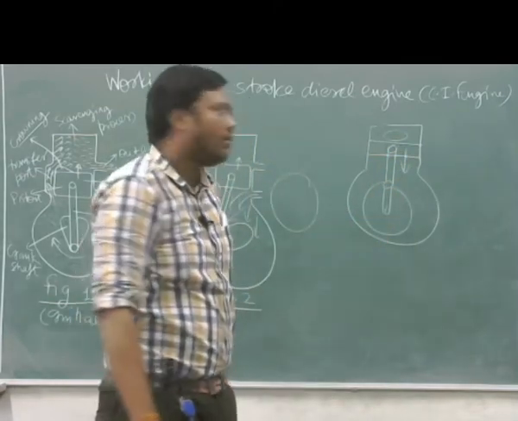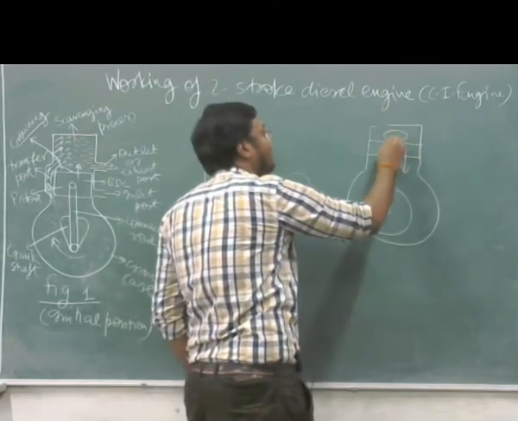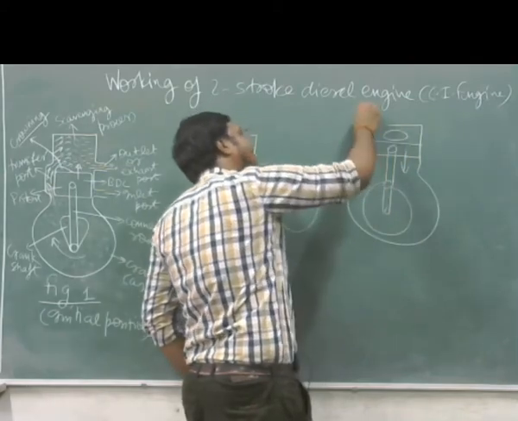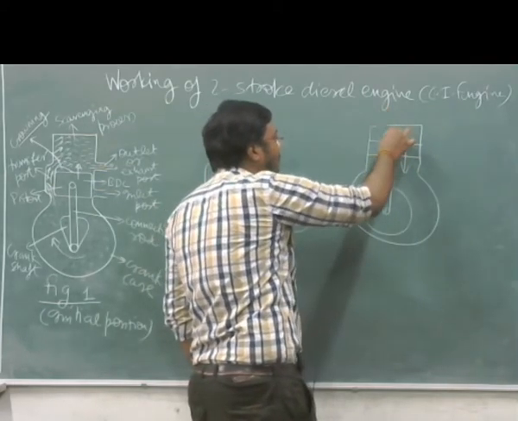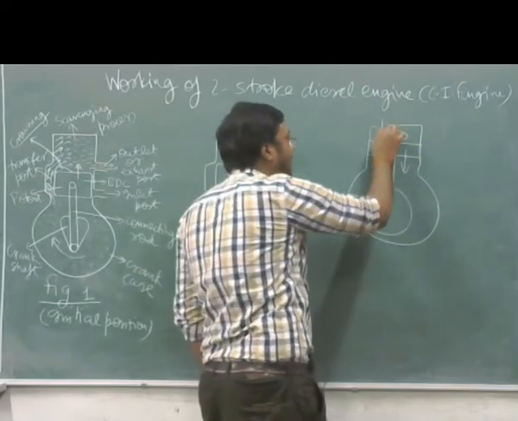Vacuum is created here and pressure inside the cylinder decreases and outside pressure is very high, so fresh air will flow from the outside to inside the cylinder, through the inlet valve.